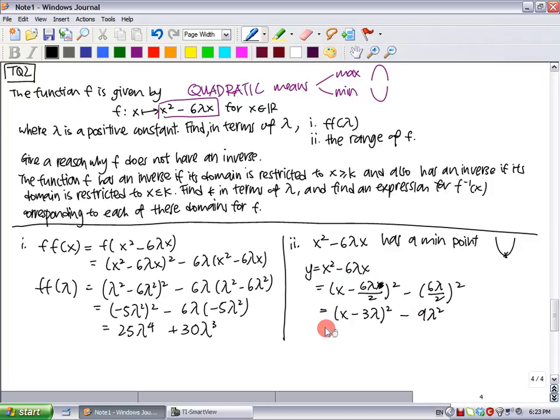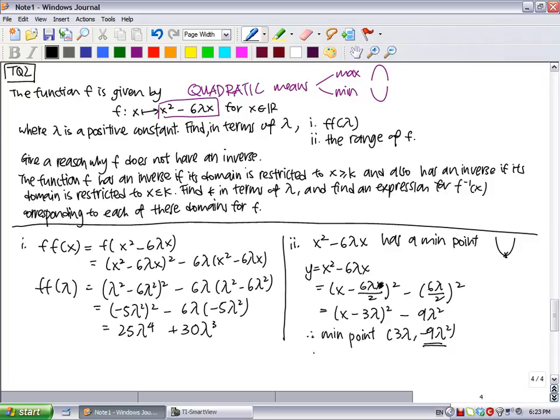Okay, and this would directly tell me that the minimum point is at 3 lambda, negative 9 lambda squared. So that means negative 9 lambda squared is the lowest value that I can ever get for x squared minus 6 lambda x.